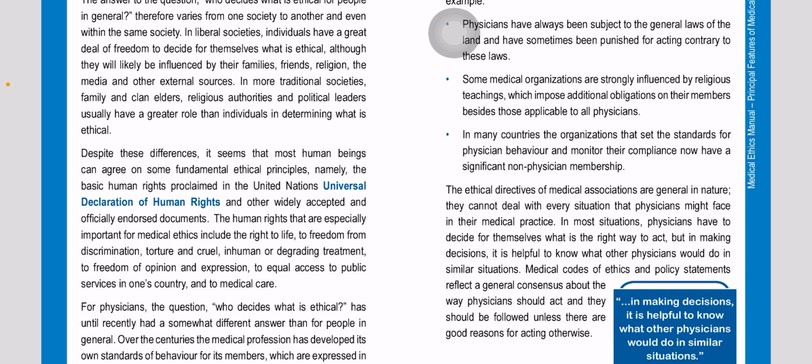I think 80% of the population are Catholic. In the Middle East, it is a Muslim-dominated region. So of course, the principles and ethical considerations may vary due to the religious background and political background of a country.